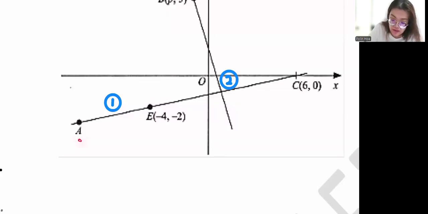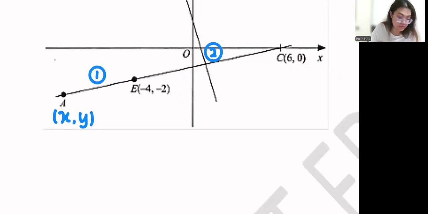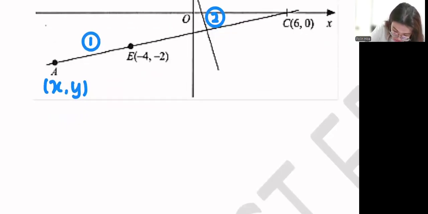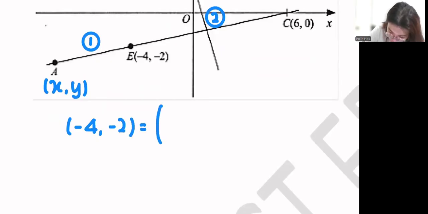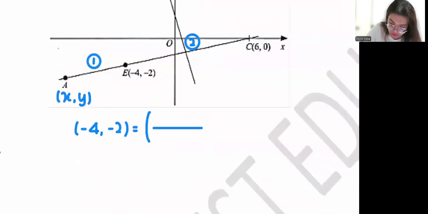You see, we have 3 points. I do not know A, so I put X and Y. I name it like this and I can do. I write this side first, later only I move on. So in between these three, we have -4 and -2 equals to, cross multiply. This is butterfly.